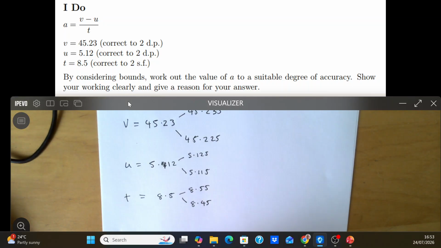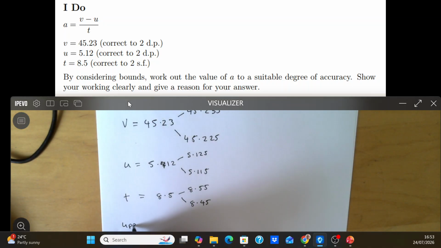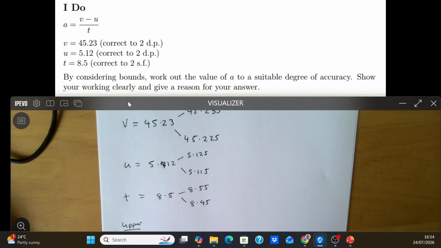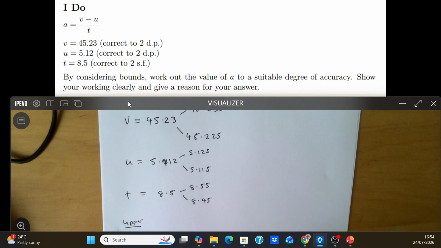Now the key thing in the calculation is to make sure you do the biggest upper value. To get the biggest upper, you need to have the biggest V, because that will give you a biggest number. You want to take away the smallest thing, because that will give you a bigger number than taking away the bigger, and divide by the smallest number, because that gives you the most parts.